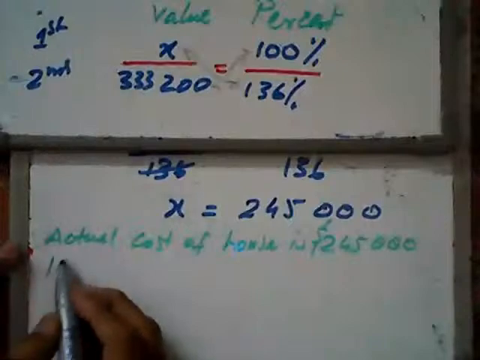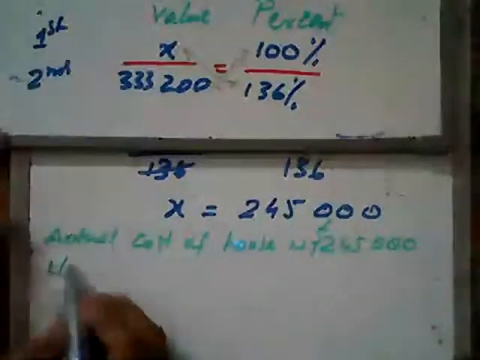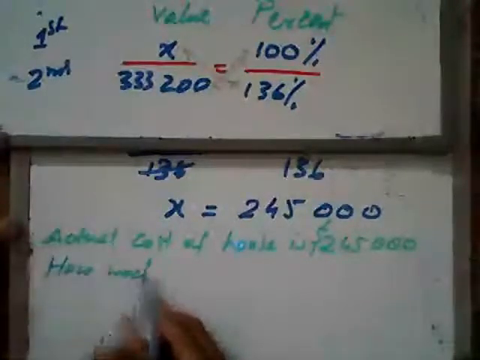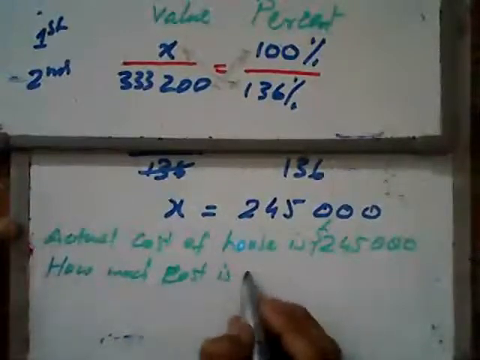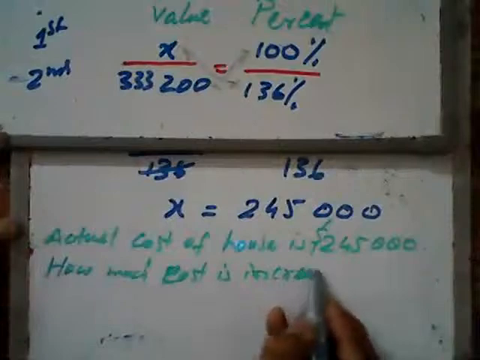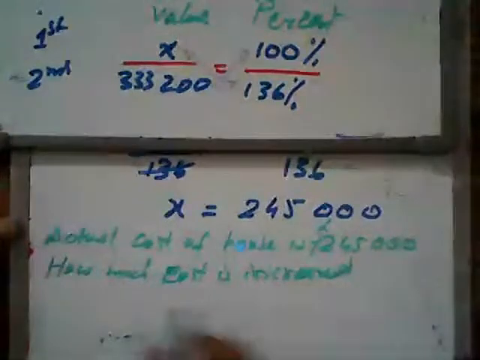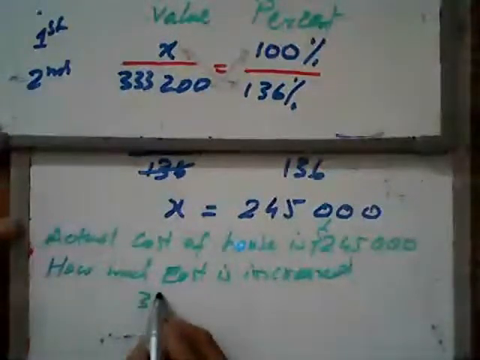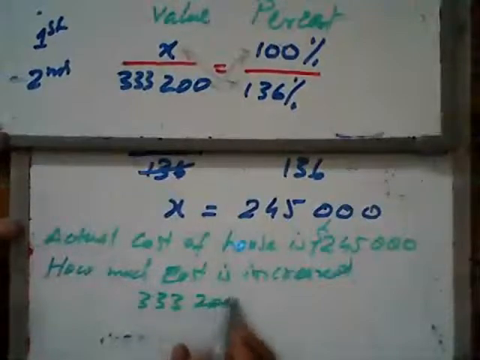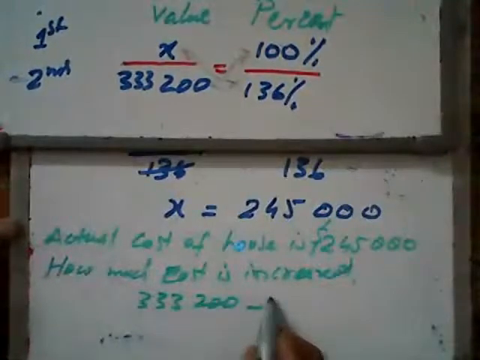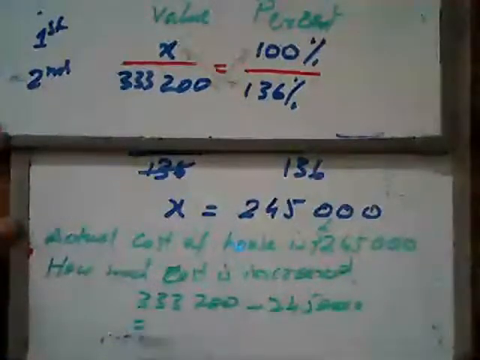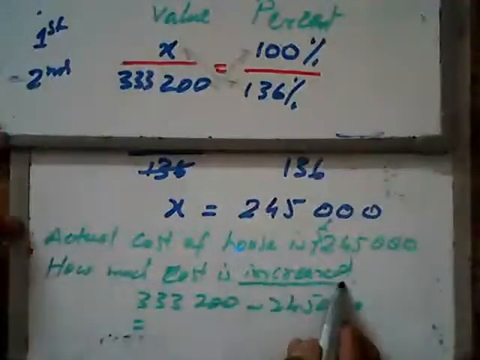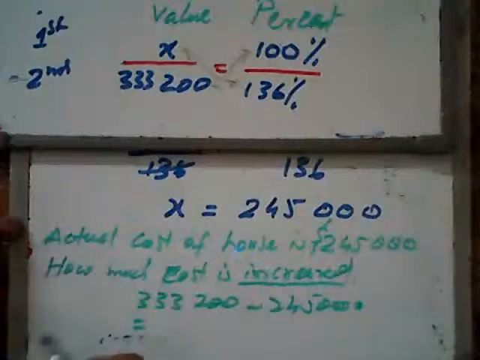If the question was how much cost is increased, then we have to find the difference, that 333,200 minus 245,000, and then we have to find the solution of it. This is about increase, means the difference. Okay, and right now they are asking about the actual position.